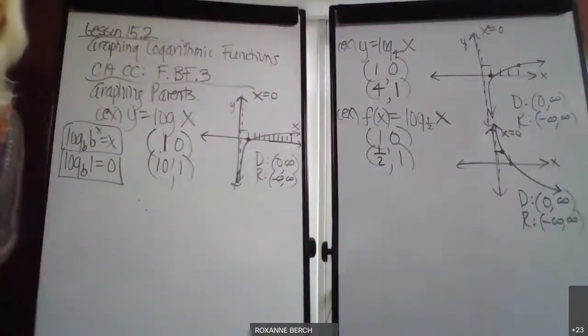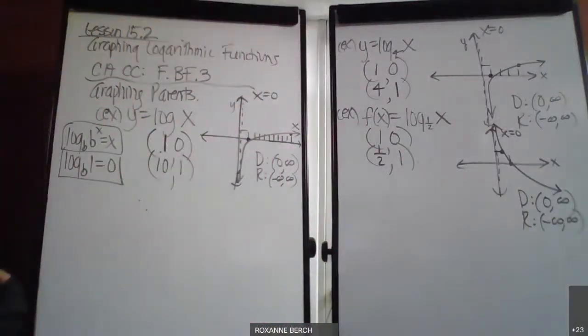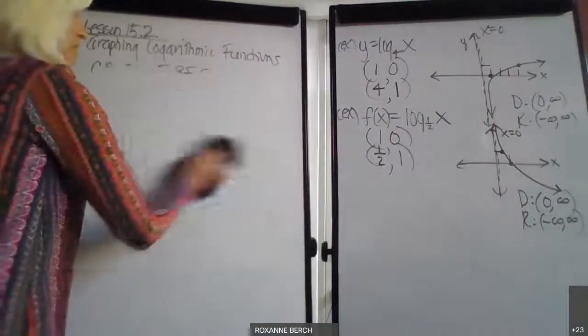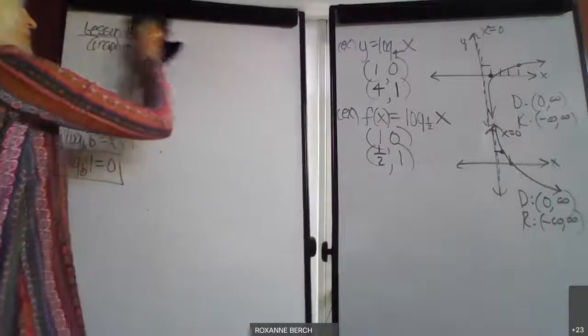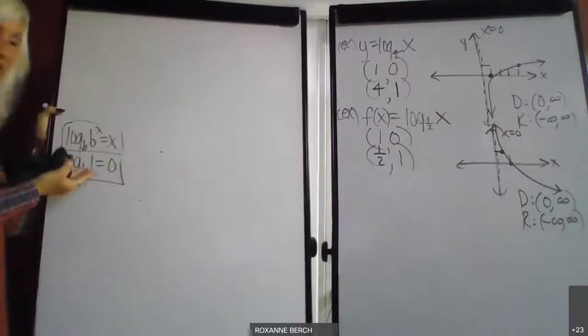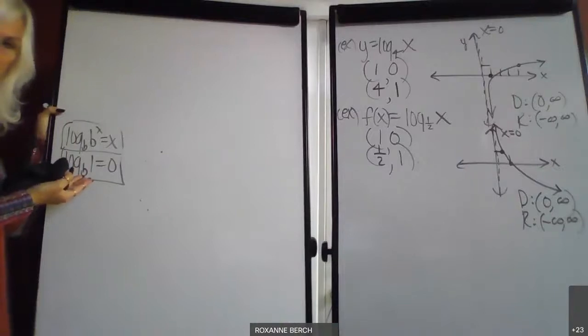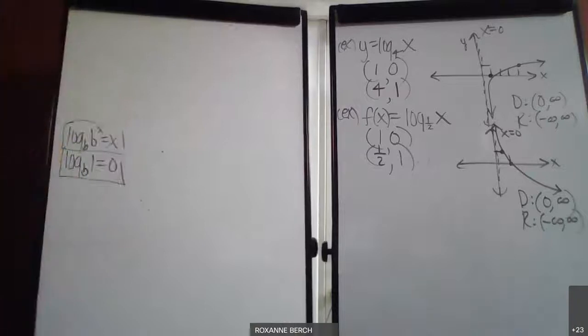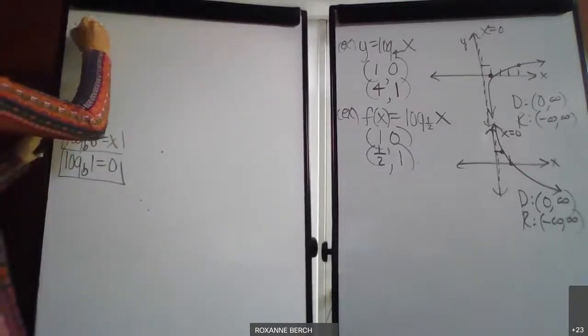Let's do another one with a base that's a fraction. Remember, we're just doing parents right now, and we're finding the parent points by using these two properties. Here's another parent.